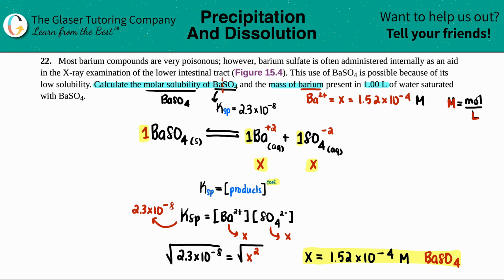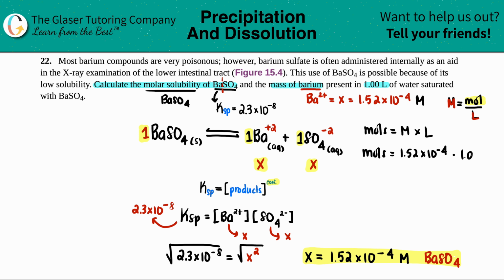The liter value we know, so we could find out the moles. And if we just manipulate this equation, basically it would be moles equals molarity times liter. So I could find out how many moles of barium I have. I'm getting closer. So it'd be 1.52 times 10 to the negative fourth molarity times 1.